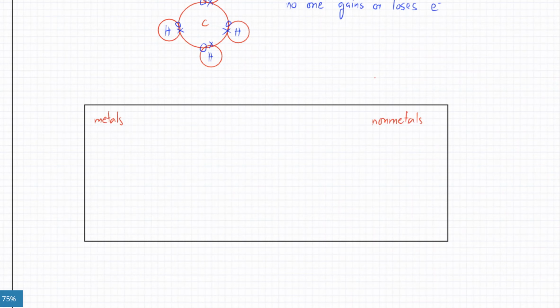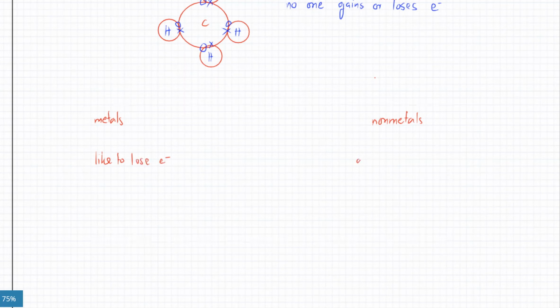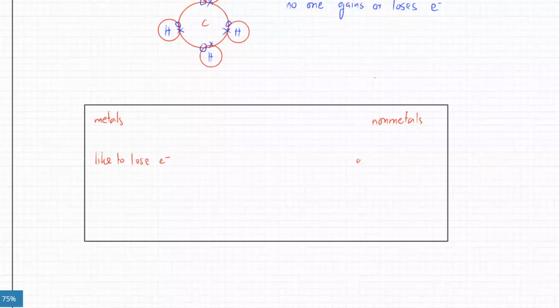Metals like to lose electrons, actually. They like to form positive ions. And you've got non-metals over here. They like to gain electrons. They're always forming negative ions.